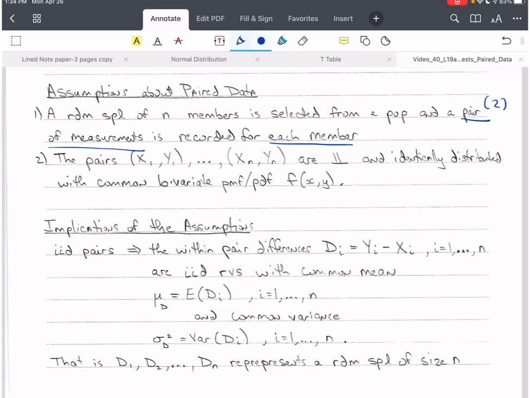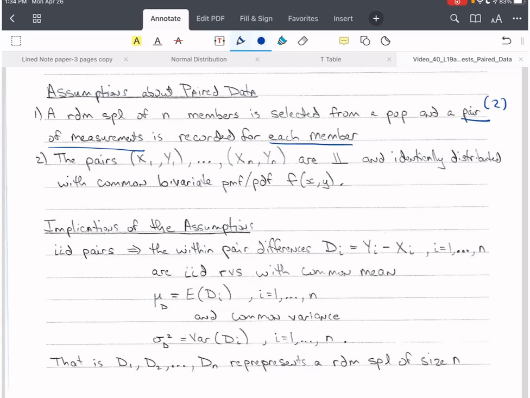This could be height and weight, so they're related. But that would be more for correlation. That wouldn't work so much for paired differences. So let's say it would be the height when born, the height when they're 18 years old. Okay, so you could do a difference, how much they grew in 18 years. Okay, something like that.